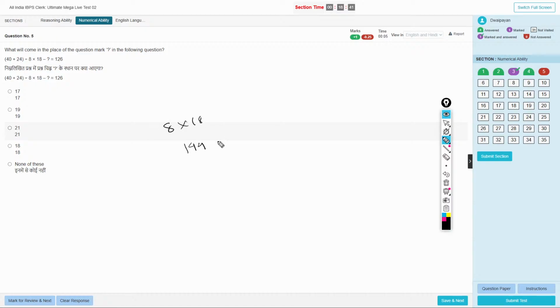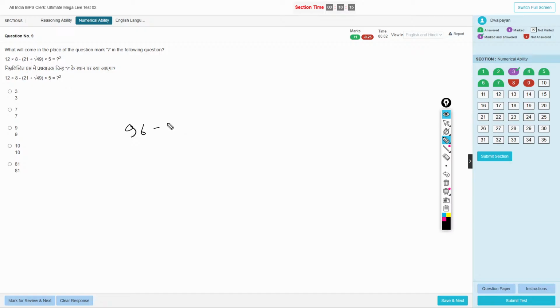So 144 minus 126. It's 18. Then we got 4 into 25 plus 4 into 164 minus 169, so minus 5, so 20. Then 24 plus 1/6 of this is 9 minus 20 plus 13 minus 11, and this is 37, so 26.